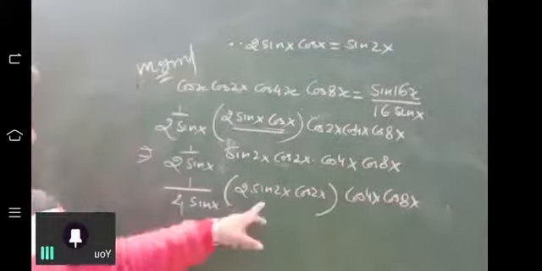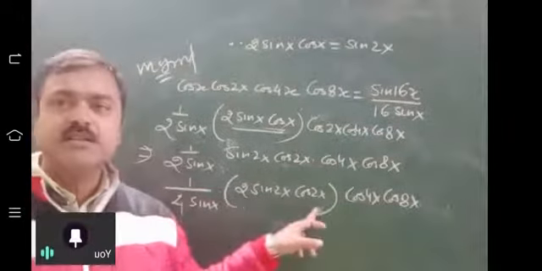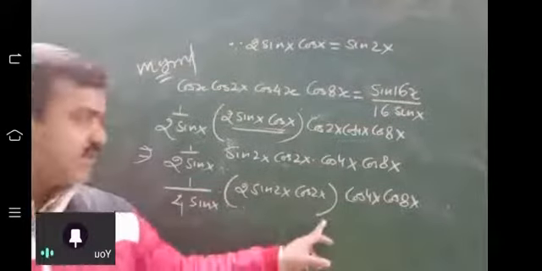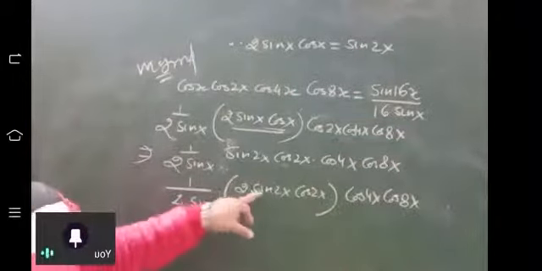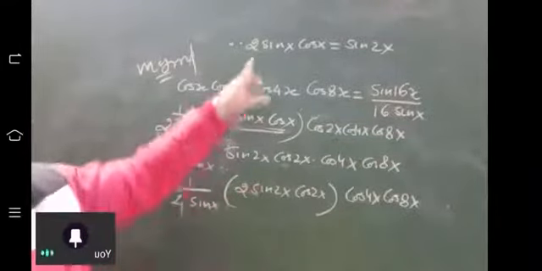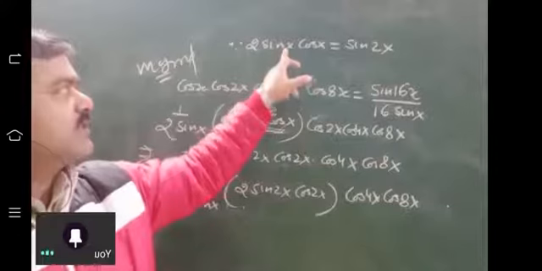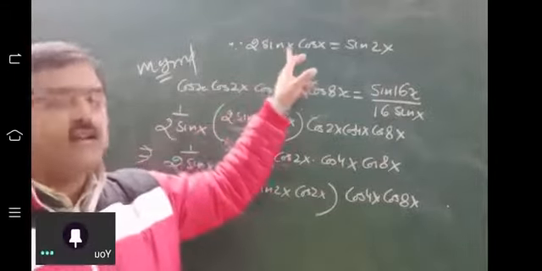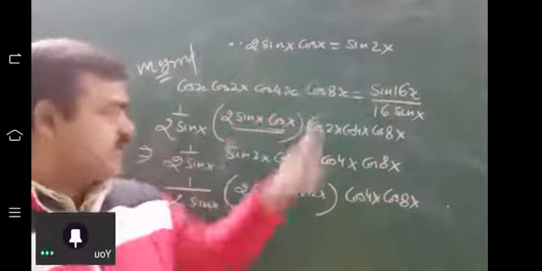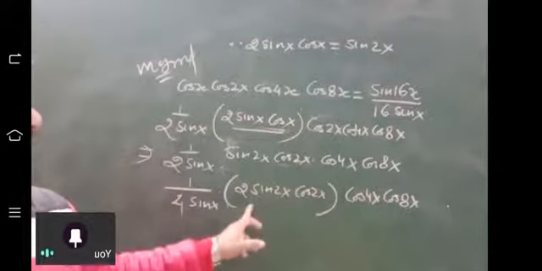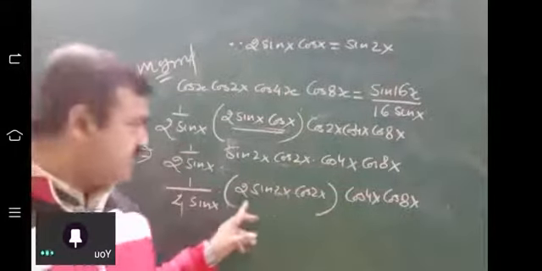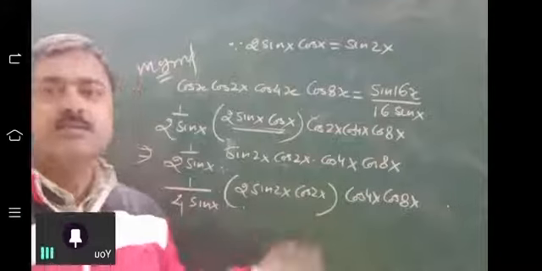Now again this is in the form 2 sin x cos x, and if it is a single angle, then here it is the double. So if it is 2x, then that will be 4x. So this is equal to sin 4x.